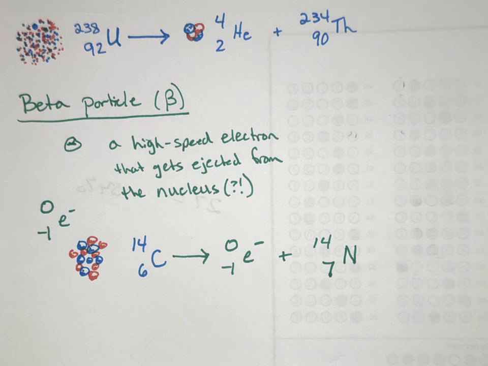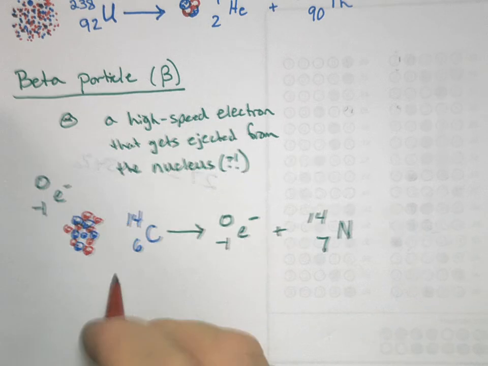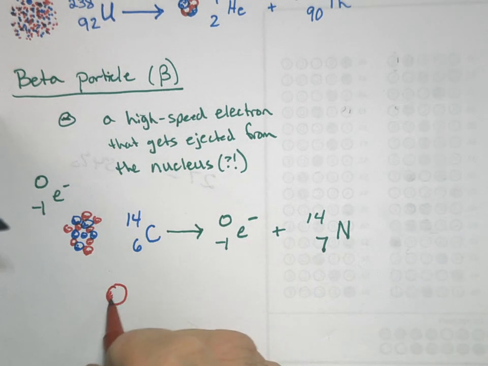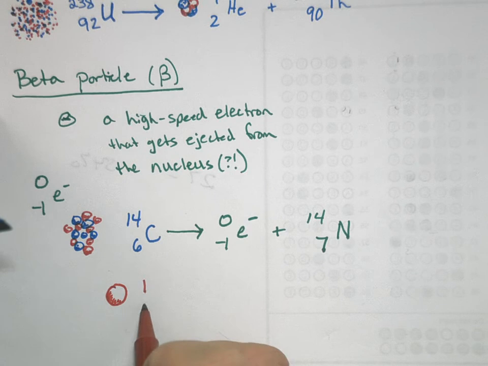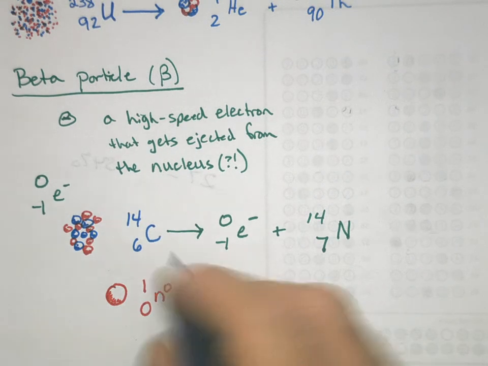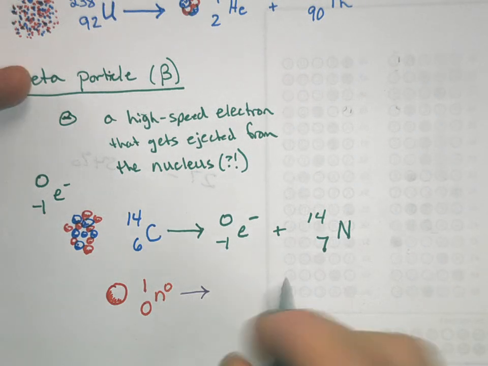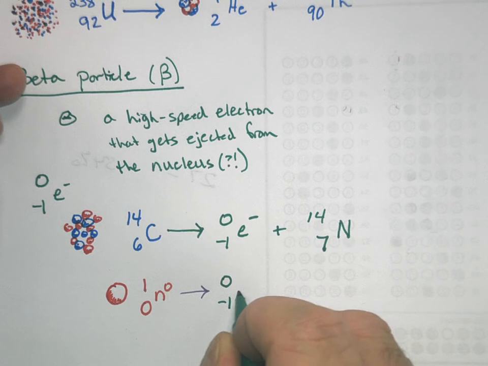But within the nucleus, this is the process that happens, and I need you guys to watch this very carefully. Forget about the elements. Here's what happens. 1 neutron, mass of 1, atomic number 0, gives off an electron.